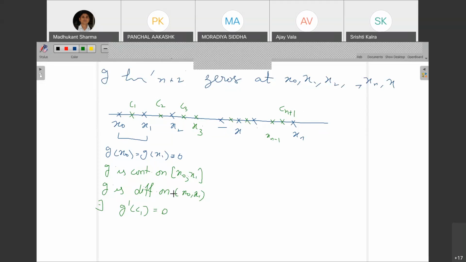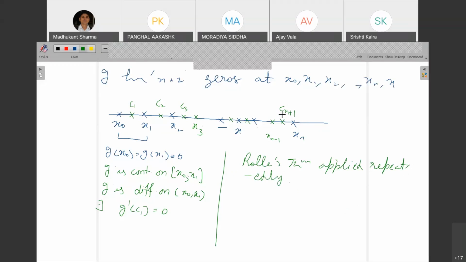If you apply Rolle's theorem repeatedly, then the g dash function has n plus 1 zeros.